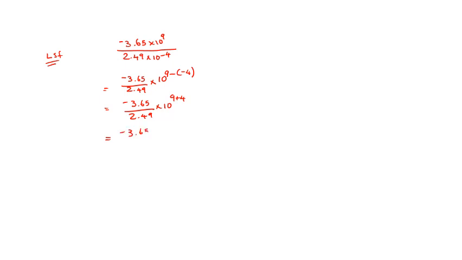I am just writing everything down so that each step is clear. So it's 10 to the power 13. Okay, and now you can plug the numbers in the calculator. So 3.65 divided by 2.49. My calculator is telling me that is equal 1.4658. That's all I want now, times 10 to the power 13.